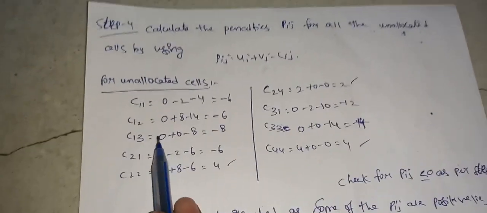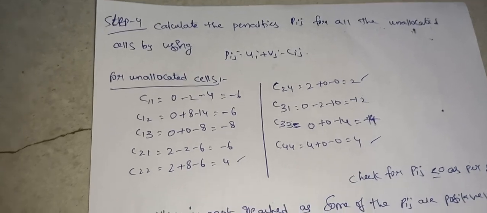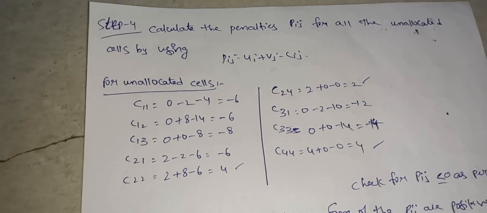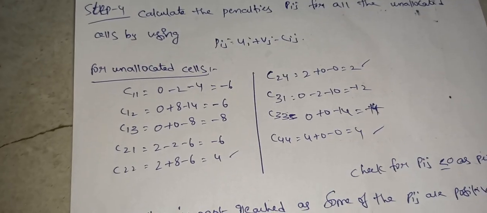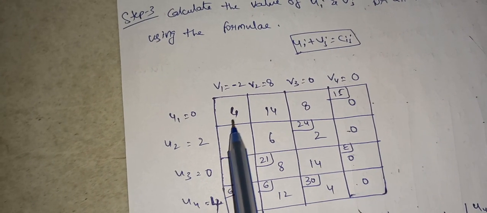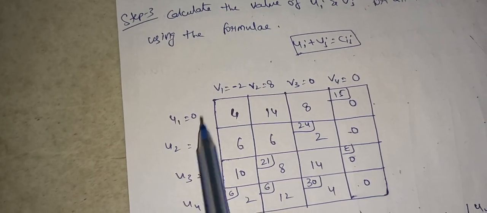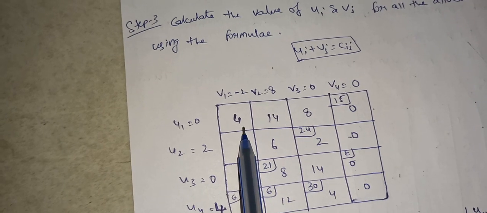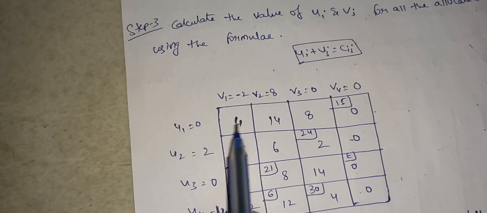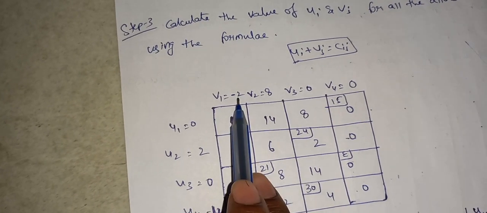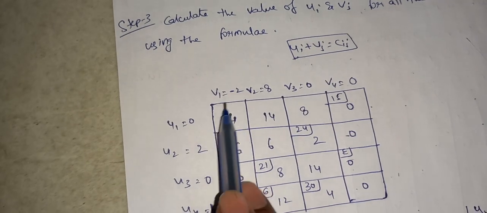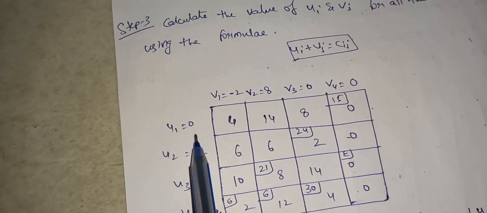So again see C11. This process is only done for non-allocated cells. Here the non-allocated cell is C11. C11 is Ui 0, minus 2, minus 4. Our formula is Ui plus Vj minus Cij, and this value is the Cij: 0, minus 2, minus 4.